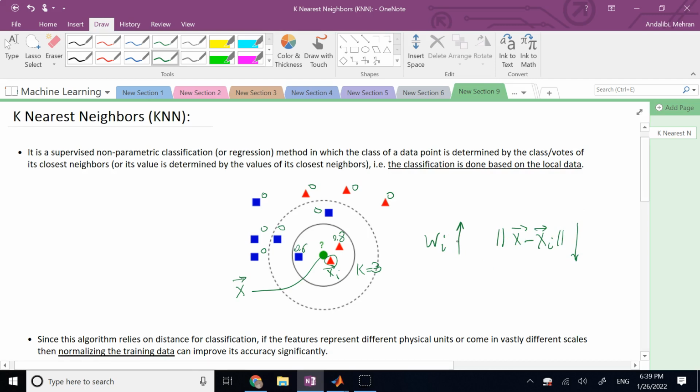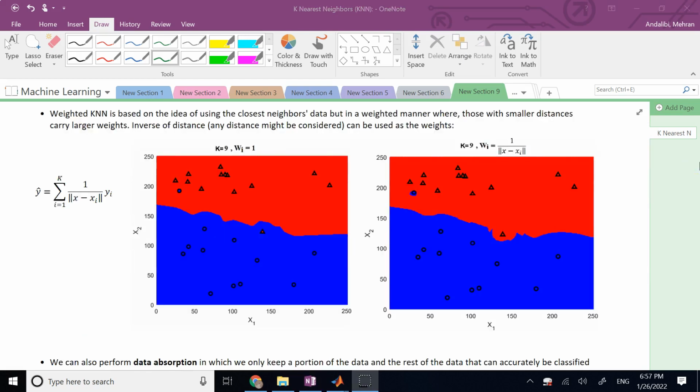One of the simplest cases that you can consider is, if you want the norm to go down and the weight to go up, you might say, well, how about I do it like this? I say this weight is simply 1 over the norm, right? And that is exactly what we discussed here in weighted KNN. So this is this formula.